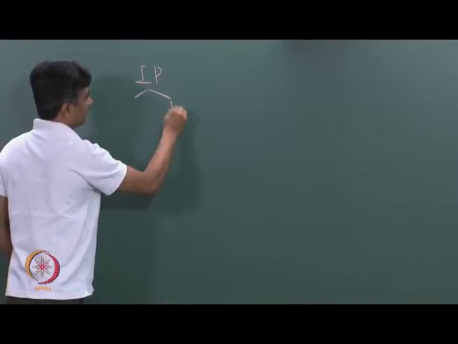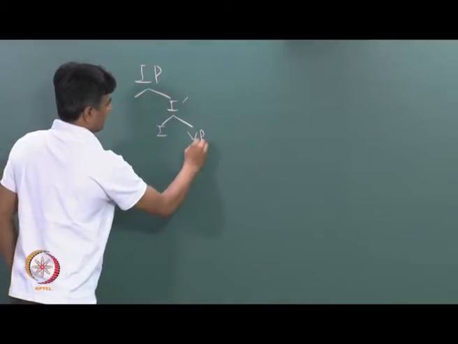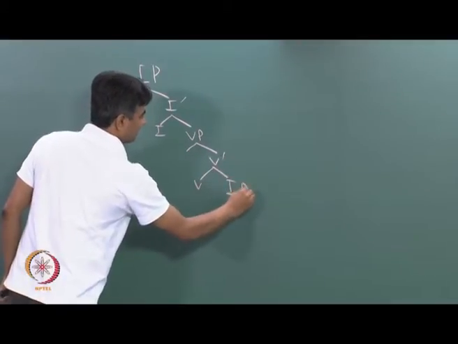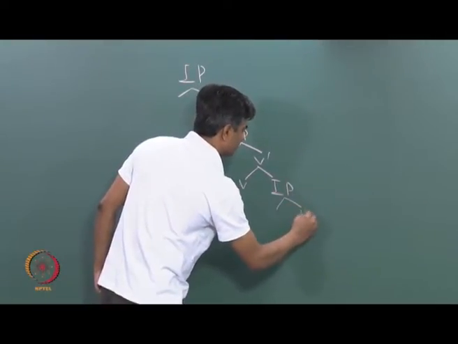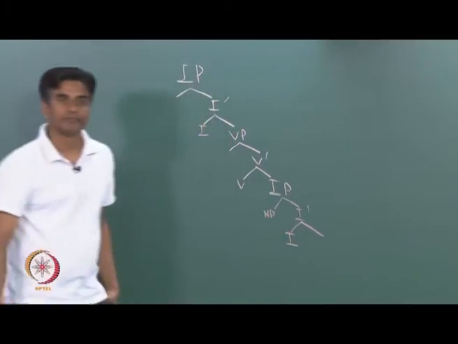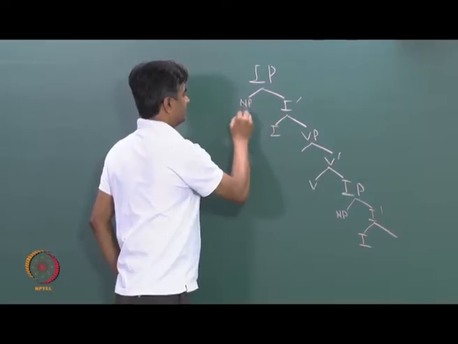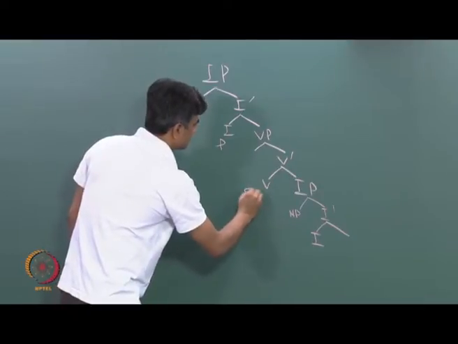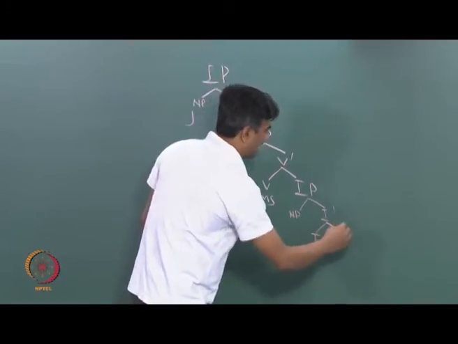We have an IP, this is the IP, right? So we are saying if we have a sentence like John, present, seems to be angry.